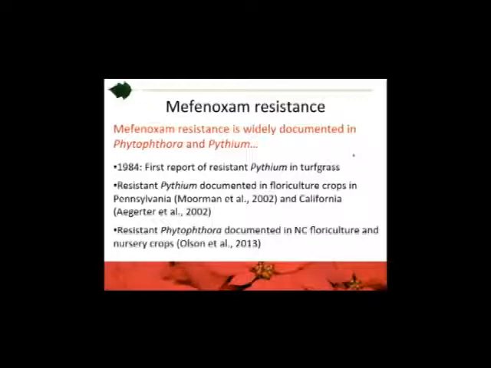There was a publication in 2013 by a postdoc and graduate student at NC State University, Heather Olson, who documented widespread resistance of Mefenoxam in Phytophthora in floriculture crops. Gary Moorman at Pennsylvania has also documented this, as well as research in California.